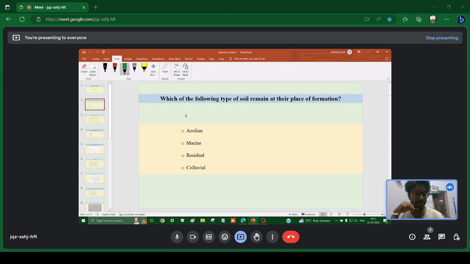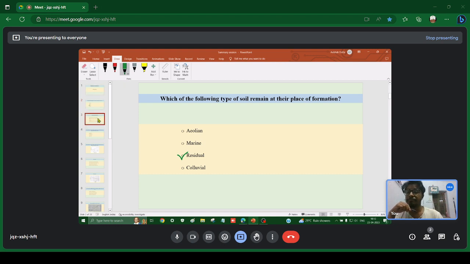Marine soils, as the name suggests, are transported by sea water, and colluvial soils are transported by the action of gravity. So the answer to this question is residual soil: it remains at its place of formation.